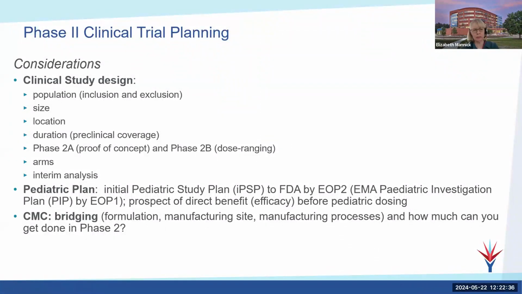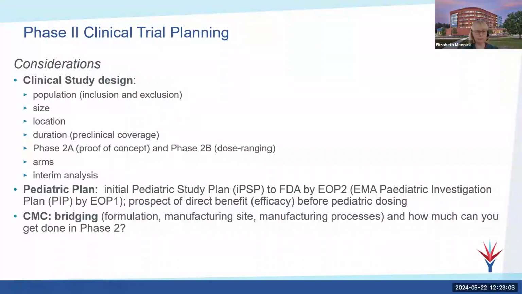You also need to think about the duration. Your investors are going to want you to stay short for given expenses, but typically these are 3 to 6 month trials, sometimes with extensions, and you really need to think about preclinical tox coverage for longer trials, which may need you to be running preclinical studies concurrently.